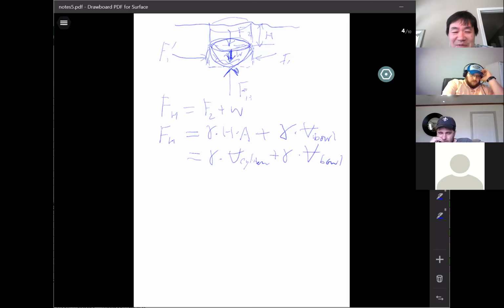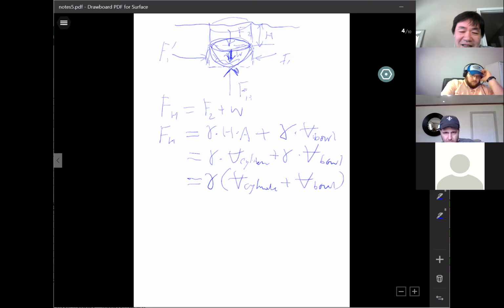Okay, it's getting better. The equation becomes easier to understand. Can we group the gammas, the two terms? Gamma times the volume of the cylinder plus the volume of the bowl equals what? Let me put the total volume here. What does total mean?